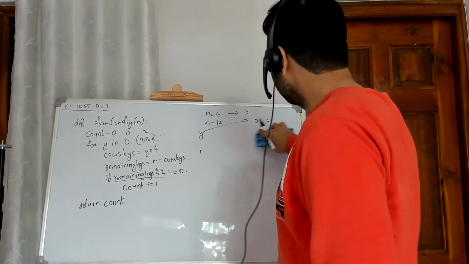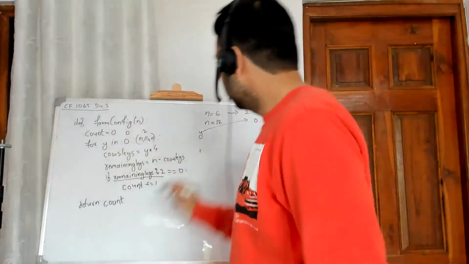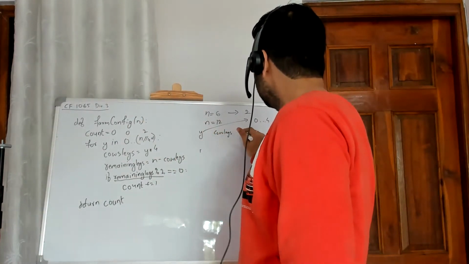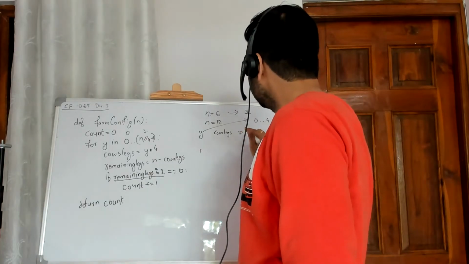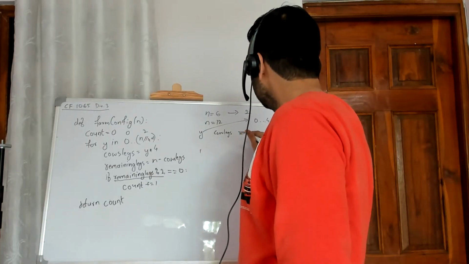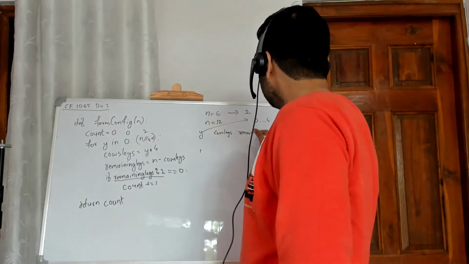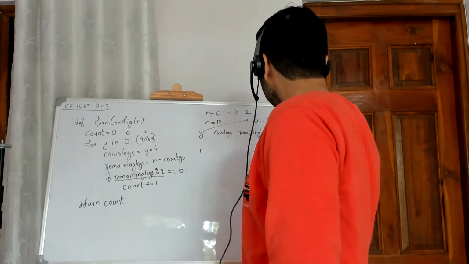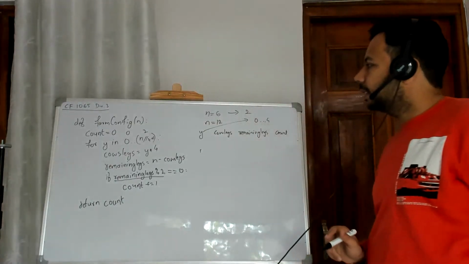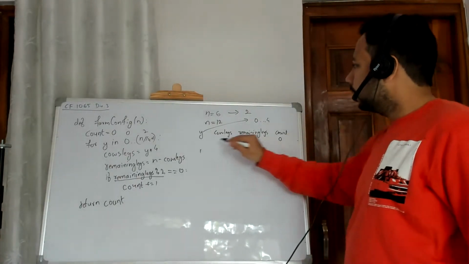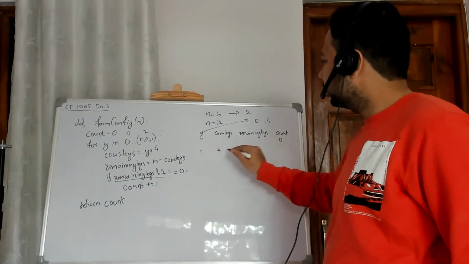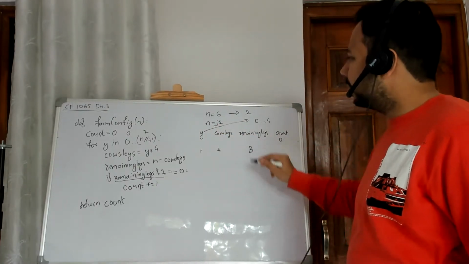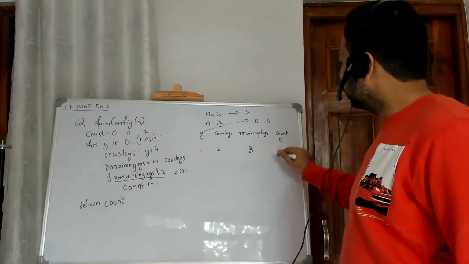Let me do all four variables: y, cow legs, remaining legs, and then you have count. So initially count is 0. Y becomes 1, cow legs become 4, remaining legs become 8. It is divisible by 2, so you have count plus 1.